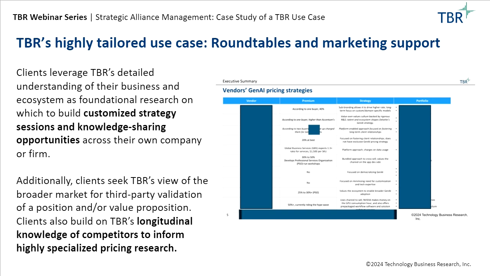For example, you see on here this project around generative AI and pricing. Not only could we answer the specific questions around Gen AI and pricing and how that was changing for a particular set of companies, but we could also say, because we follow those companies, how significant Gen AI was in terms of their revenue, in terms of their growth, in terms of different particular service lines within that company.